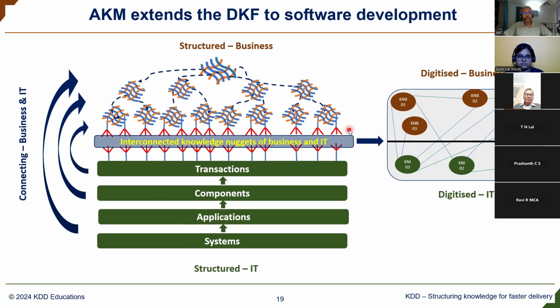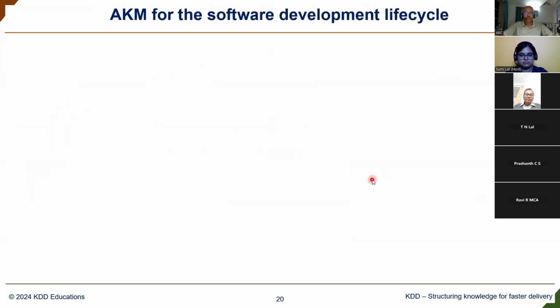This is possible because it does this through digitization of that knowledge, both knowledge nugget business and knowledge nugget IT, at a high level. How it does that, I will cover in the next few slides.